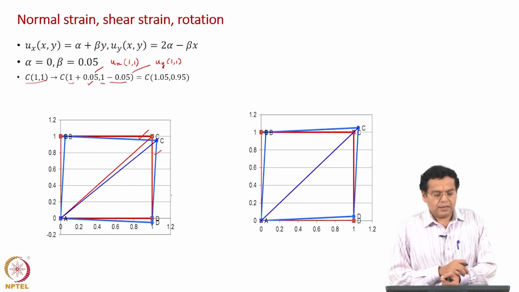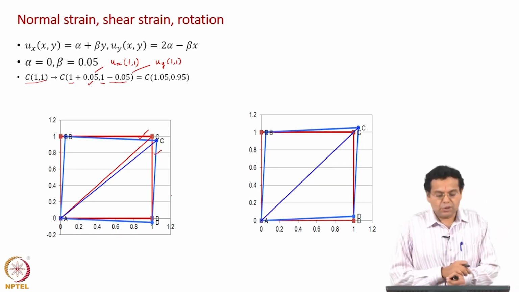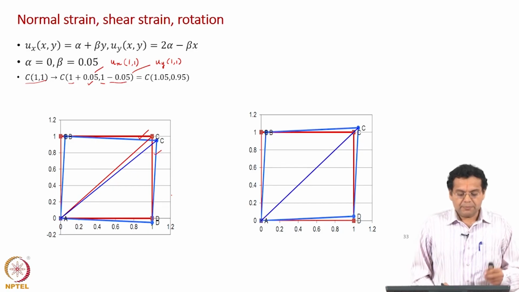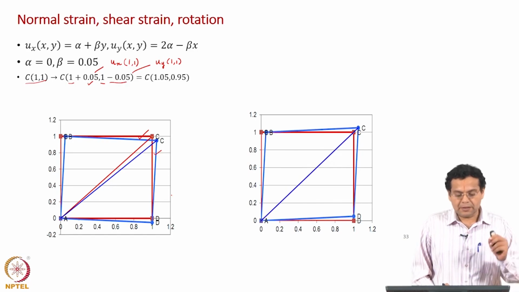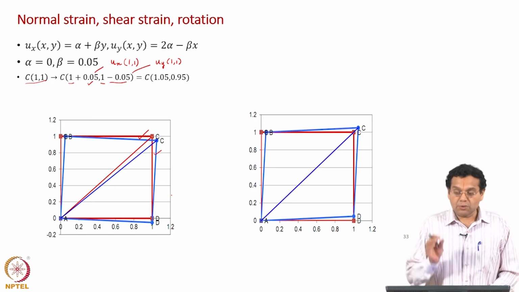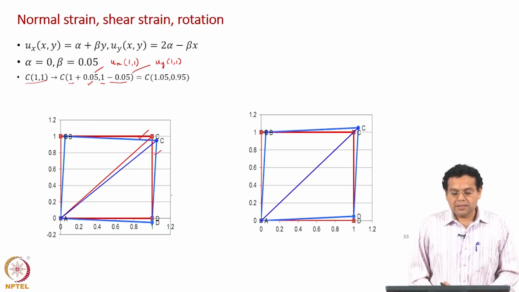So, the x coordinate is old x coordinate 1 plus x displacement evaluated at 1 comma 1, which is beta, which is 0.05, y coordinate is old y coordinate 1 plus the y displacement evaluated at 1 comma 1, which is minus beta, which is minus 0.05.